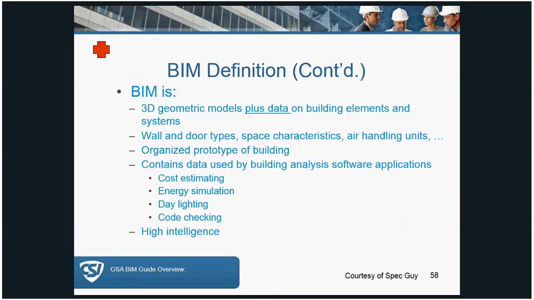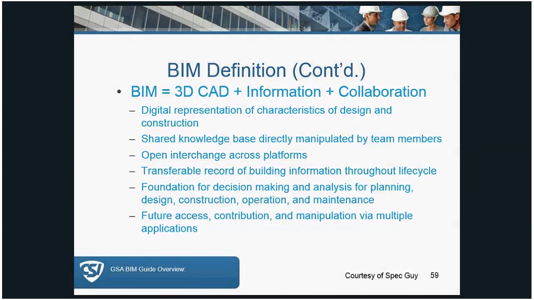The organized prototype of a building contains data used by building analysis software applications such as cost estimating or energy simulation, daylighting, code checking. And they have what's considered to be high intelligence, or basically easily usable data. CSI sees BIM as 3D CAD plus information plus collaboration.